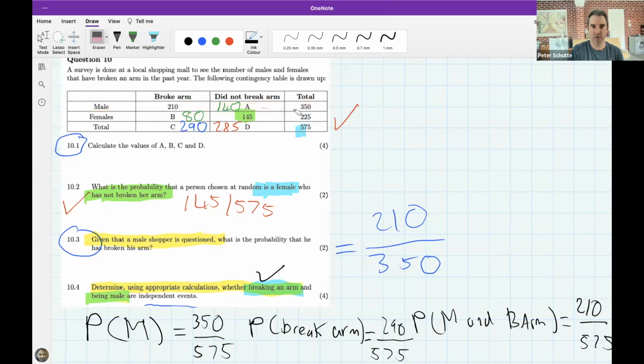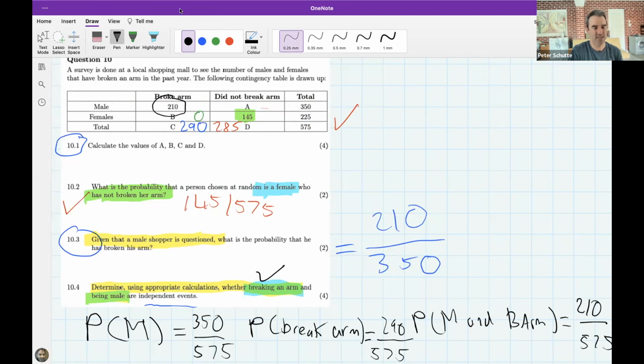If you look at the table, you'll see that all the male people who are being surveyed are in this row. However, there are some that broke their arm and some that didn't break their arm. And I'm interested in knowing the group of people who are both male and have had a broken arm. And so that's why I have to go to this bit over here.